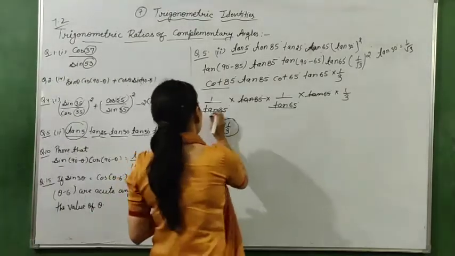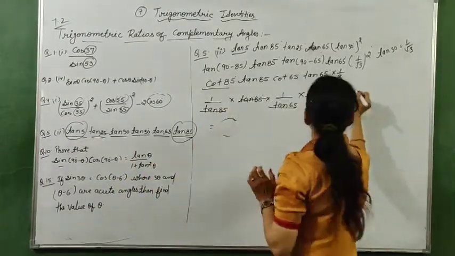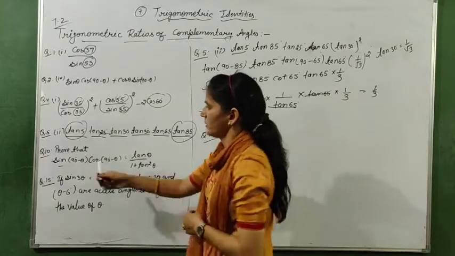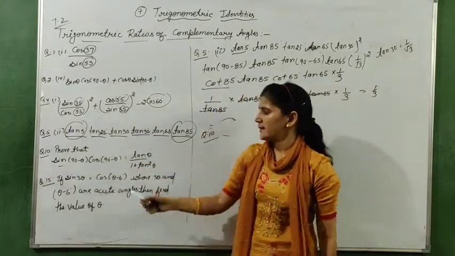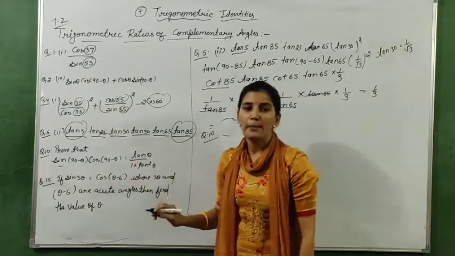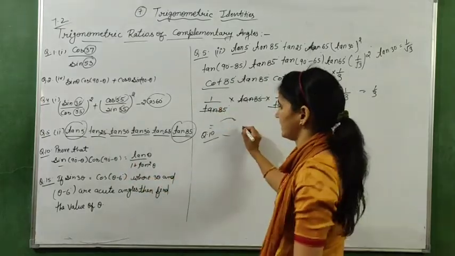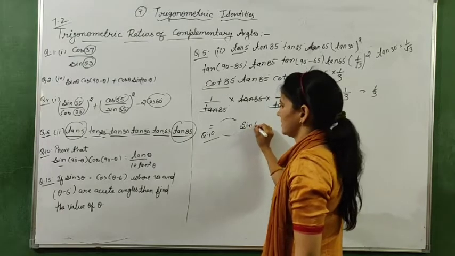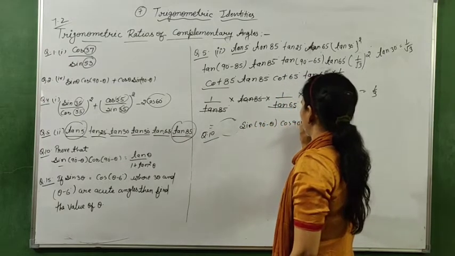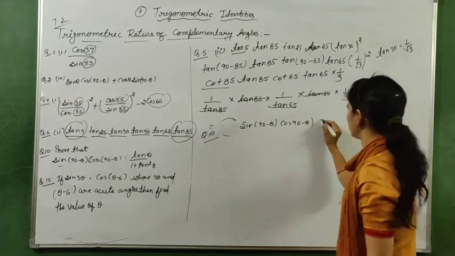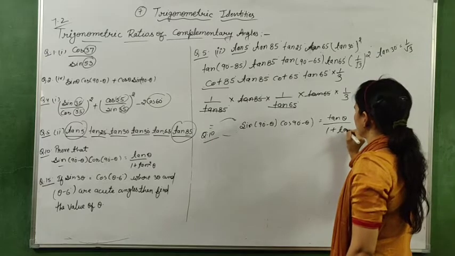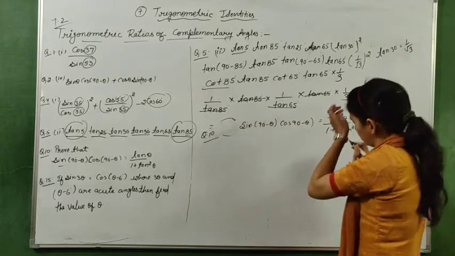Now question number 10. We have to prove that sin of 90 minus theta into cos of 90 minus theta is equal to tan theta upon 1 plus tan square theta.